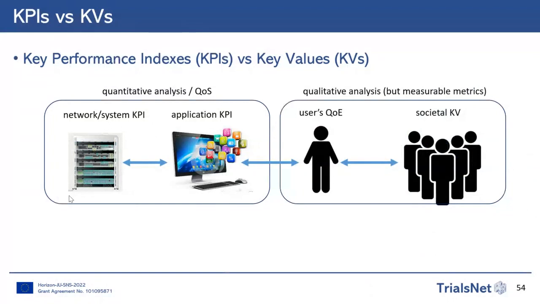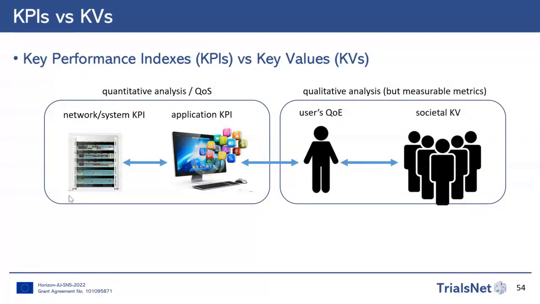So in TrialsNet, we will evaluate the performance of the network application through the definition of proper KPI that will allow a quantitative analysis of the performance, and this will allow also to define the quality of service requirements for the network.